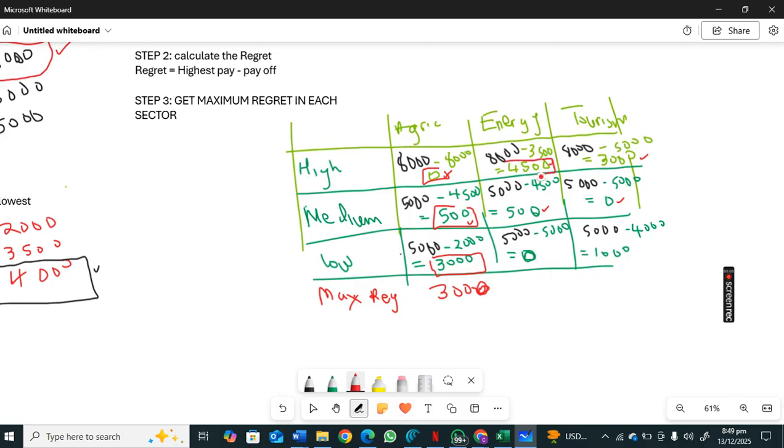The regrets here are 4,500, 0, and 0. So the highest is 4,500. Then tourism, there's 3,000, there's 0, and there's 1,000. So the maximum regret here is 3,000.